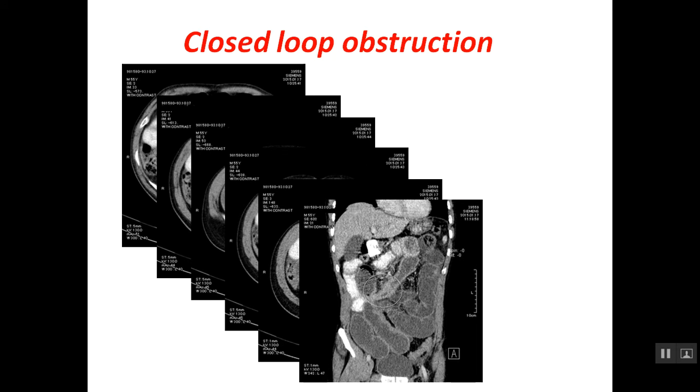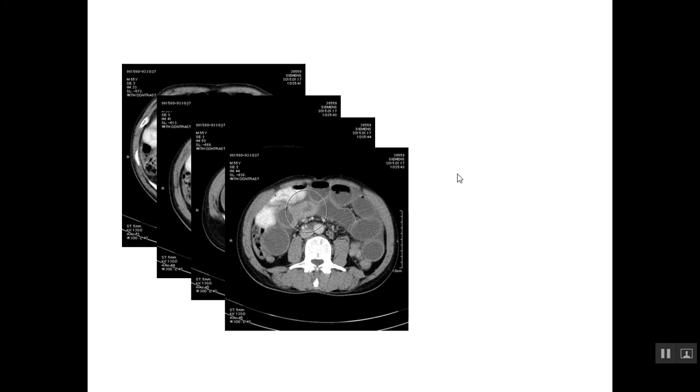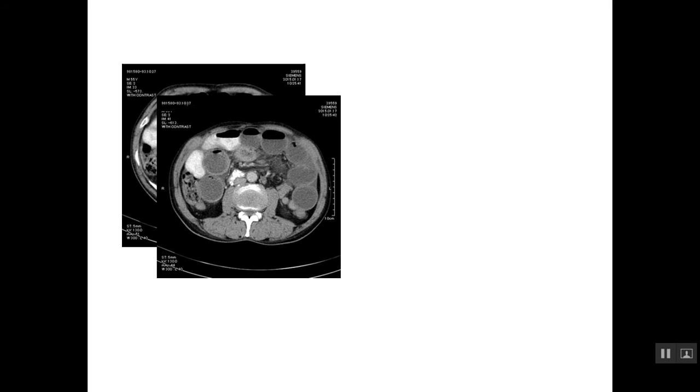In this surgically proven case, adhesion at the site of obstruction was the cause of the closed loop obstruction. You noticed I said the arrangement of the dilated bowel loops is in the periphery of the abdominal cavity, mimicking a C or U shape here.